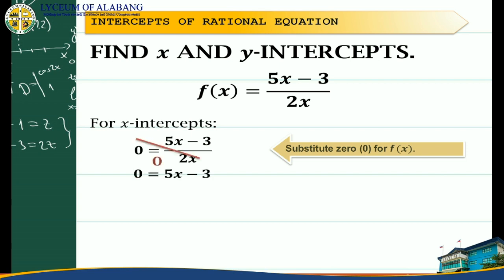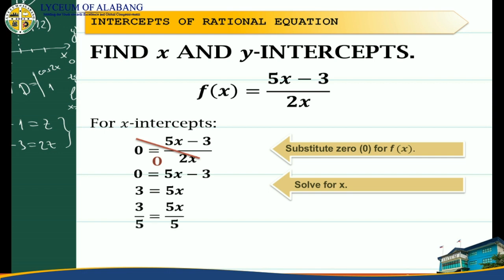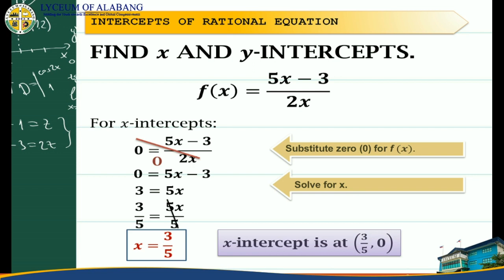So we have 0 is equal to 5x minus 3. Then, solve for x. We have 3 is equal to 5x. Then, divide both sides by 5 and cancel out the common term, which is 5. And x is equal to 3 over 5. So, the x-intercept is at 3 over 5 and 0.